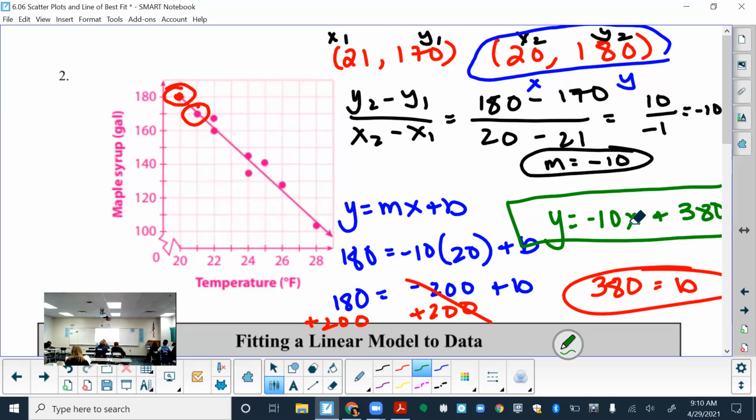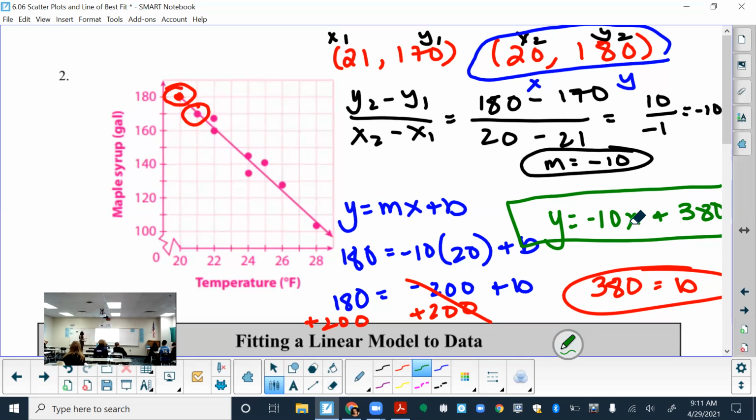Maybe just one more thing I wanted to touch on. If I were to have to estimate, like this graph only goes up to about 30 degrees. Well, if I wanted to figure out how many maple syrup gallons we have at 35 degrees or something like that, then I would just plug in 35 for the X, that would be on the X axis, and the Y would be my predicted value.